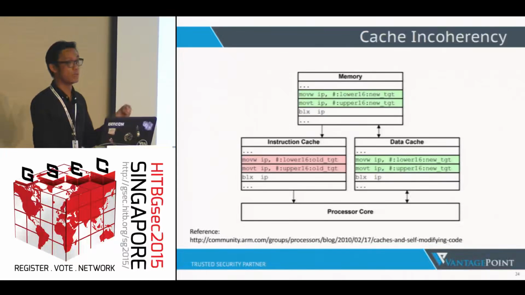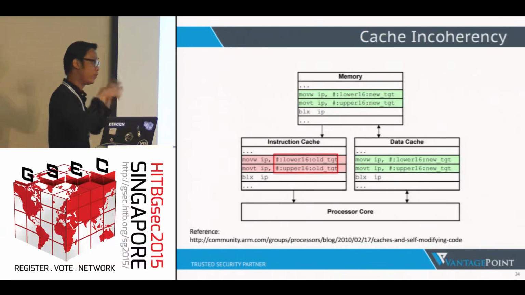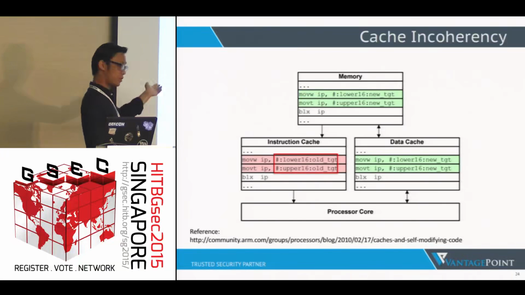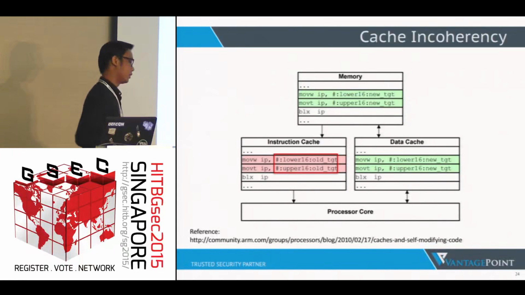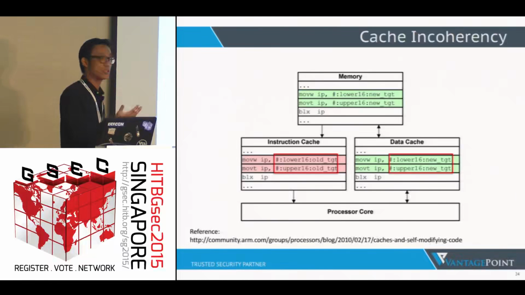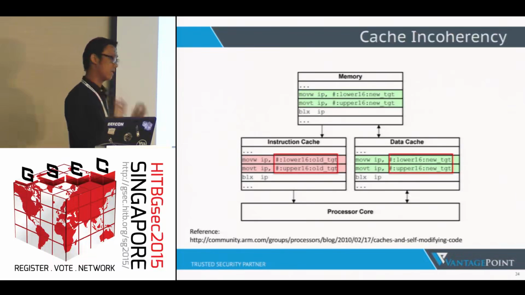There might already be instructions in the instruction cache in the program before you send your exploit. So when you send your exploit over, the instruction cache will always take precedence over the data cache. So your exploit will never work properly because of old instructions in the instruction cache. So what we need to do is flush the instruction cache.